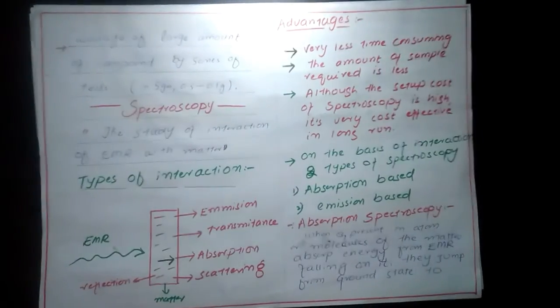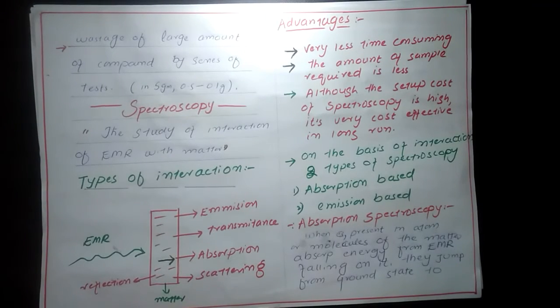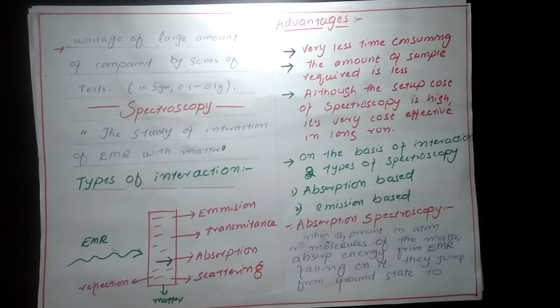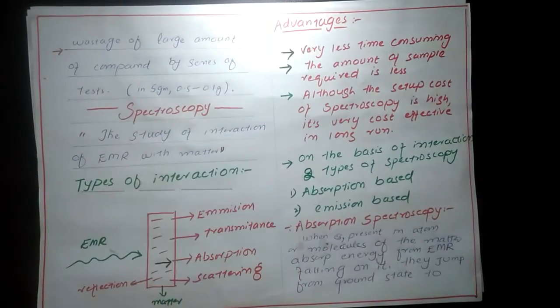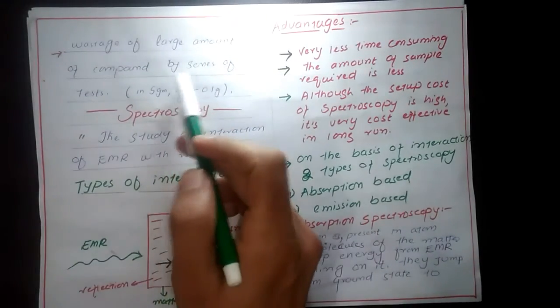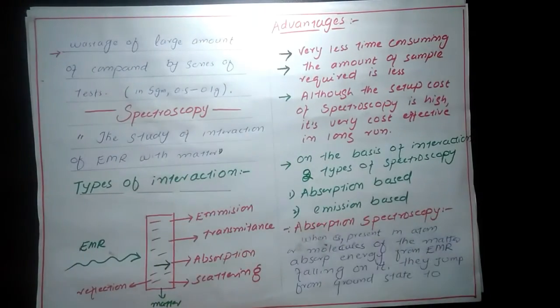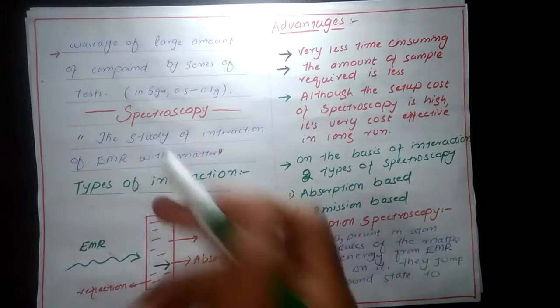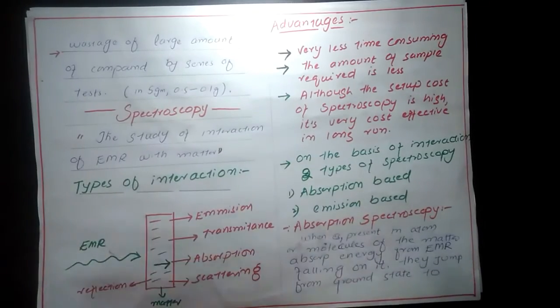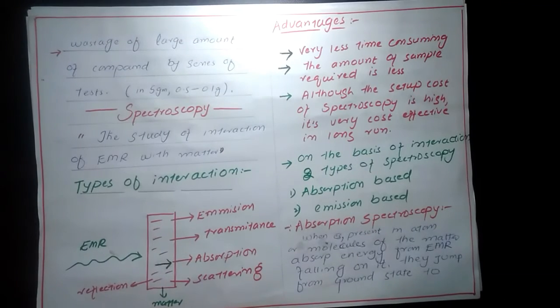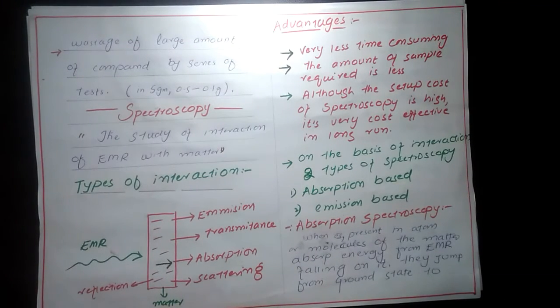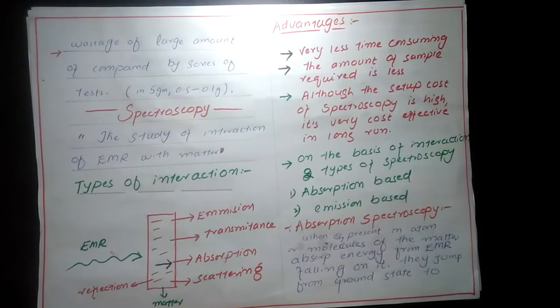To find what type of elements are present and how much of each, we used to perform qualitative and quantitative tests. After performing these tests, a large amount of the compound was just wasted. Like if we have a compound of 5 grams, after performing these tests we would be left with maybe 0.1 gram of that compound, the rest would just be wasted. So it wasn't really effective.